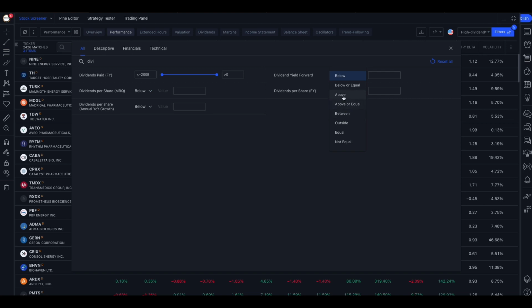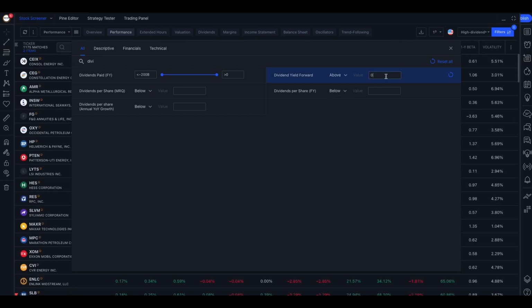Let me check if I need to put in 0 or 0%. But at this moment, let's just try to keep it. Okay, I cannot add a percent, so I assume TradingView will automatically add that percent there.